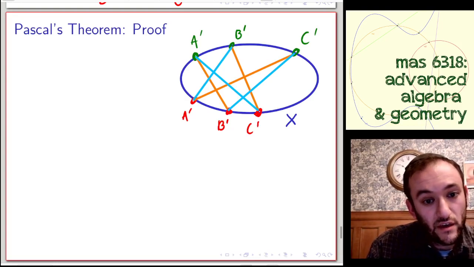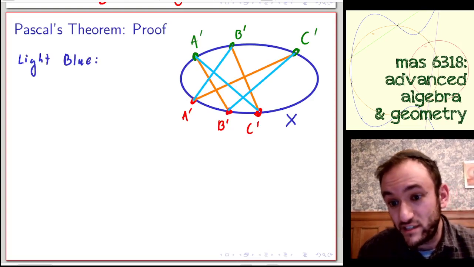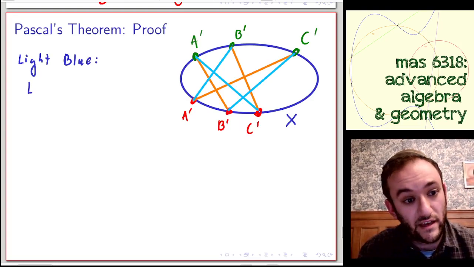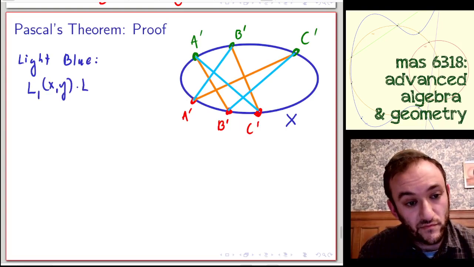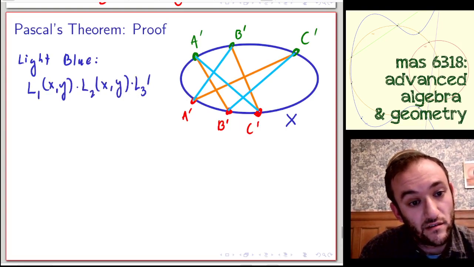So light blue is described by a degree 3 polynomial, some set of 3 linear polynomials.